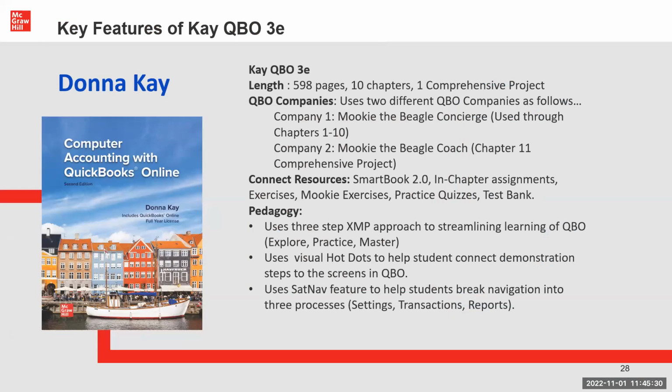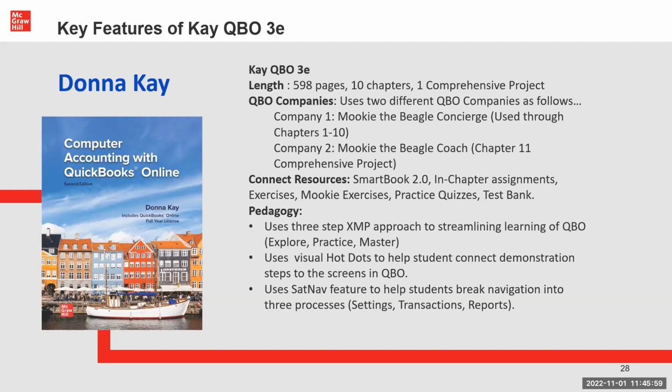Let's start with Donna's textbook. Donna is the shorter of the two books. It has 598 pages, it's 10 chapters, and then the 10 chapters are followed by one big comprehensive project that you can assign after going through the 10 chapters. Now, with the new portal, you can provide students with multiple companies.